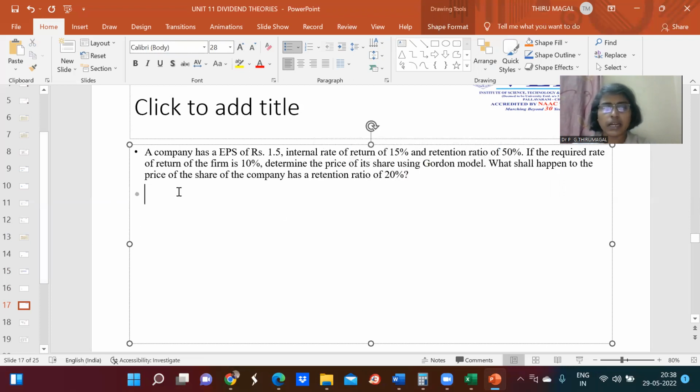So now we'll note the values given in the problem. EPS is 1.5, which we can mention. Then the internal rate of return, which means the R value, is given as 15%. 15% means 0.15. The next, retention ratio B, equals 0.50. 50% means 0.50.